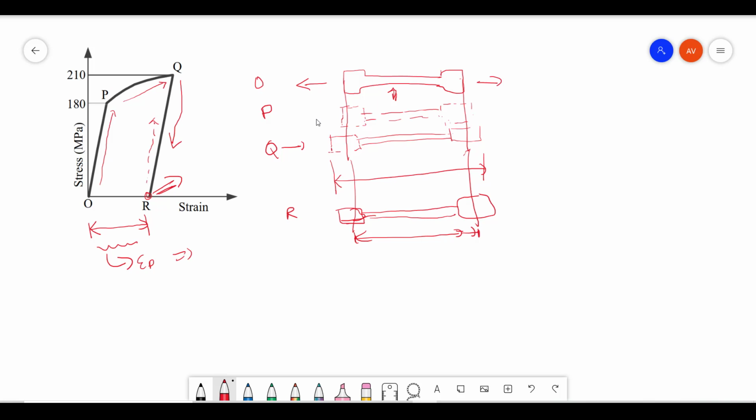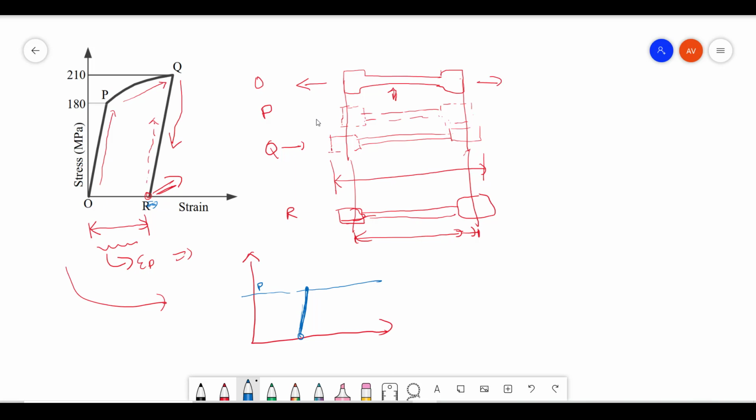Let's draw that state from R. What will happen from that point R? Let's say this was my initial P point. Now I'm starting loading again from R. It will reach again with very minimal change in the strain.